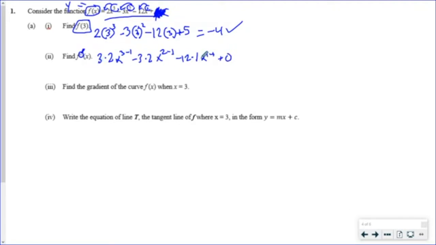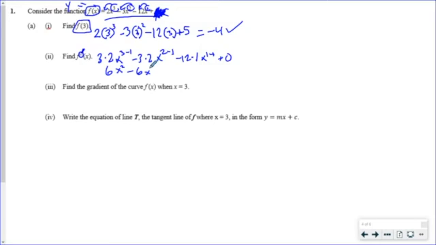Now simplify it. If you need to, go ahead and use a calculator for this. 3 times 2, I'll count on my fingers. 1, 2. Oh, what comes after that? Let me get a calculator. Okay, 3 times 2 is 6. 3 minus 1 is 2, so 6x squared. Negative 3 times 2 is negative 6. 2 minus 1 is 1, so 6x to the first power.